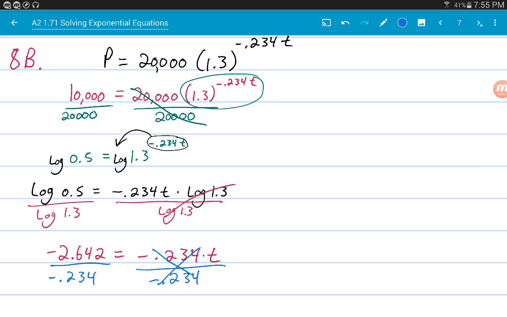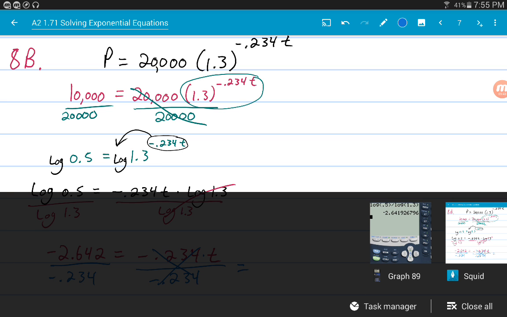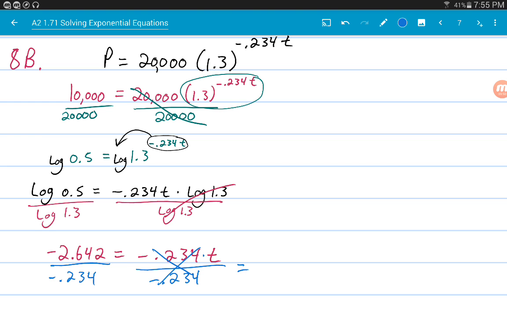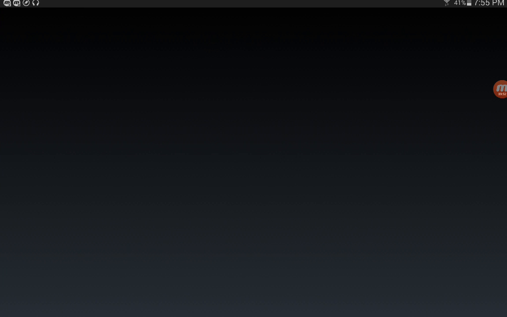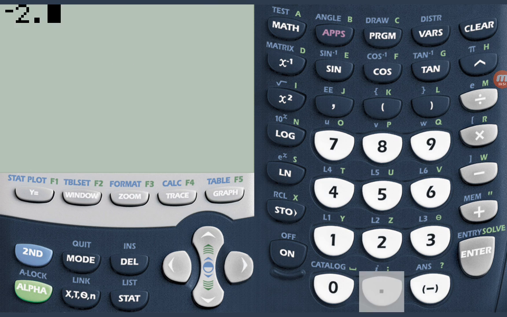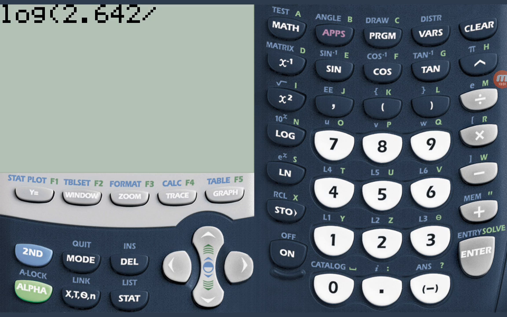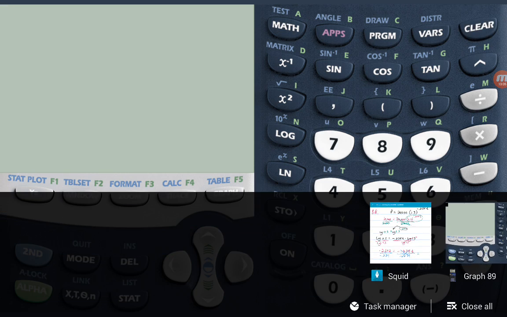So those are gone. And t is equal to, let's see if I can remember this number enough to put into the calculator, negative 2.642 divided by, oh no, I got rid of the logs last step.